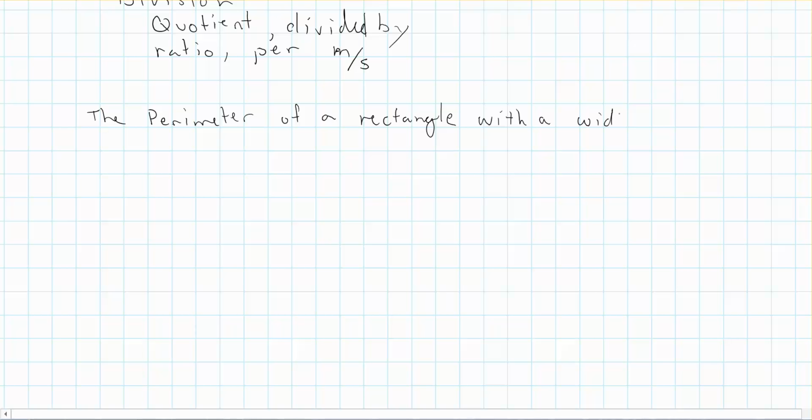So let's talk about the perimeter of a rectangle with a width x and length twice the width.